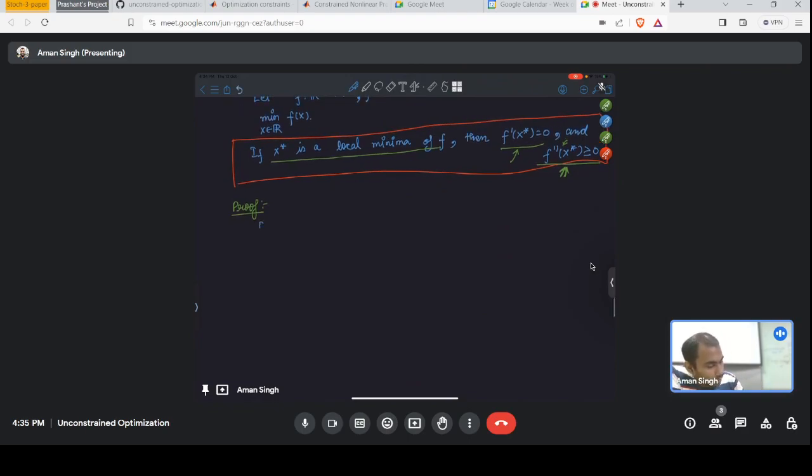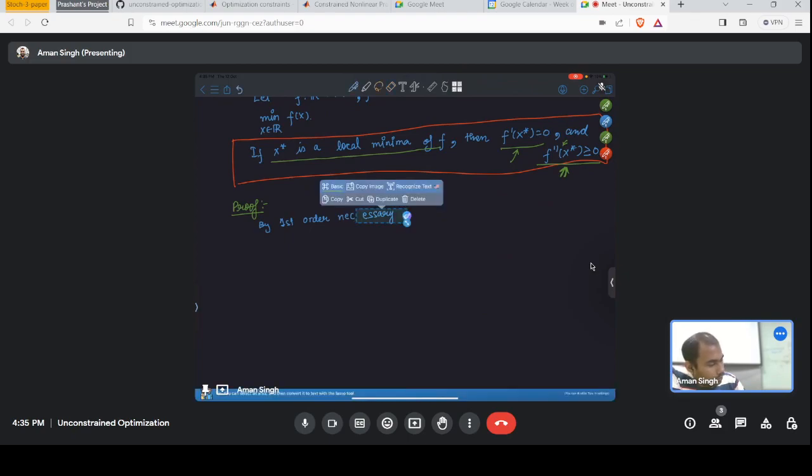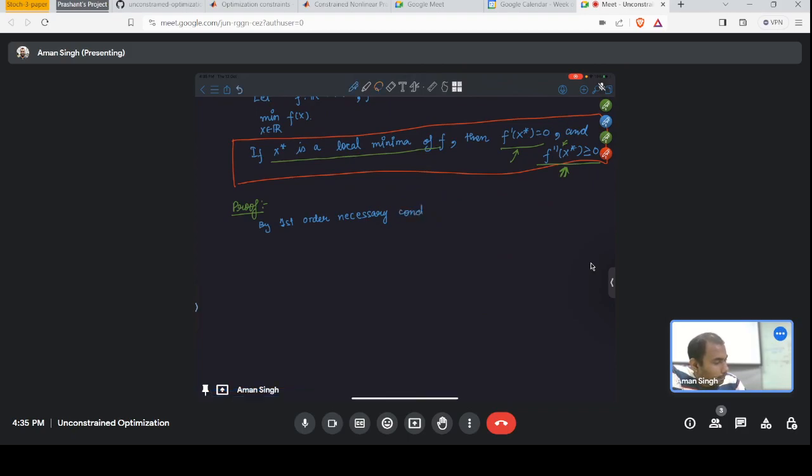So by first order necessary condition, we have already proven that f dash x star is equal to 0, so we'll not do that.